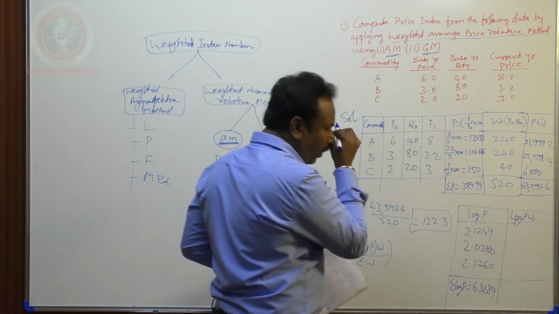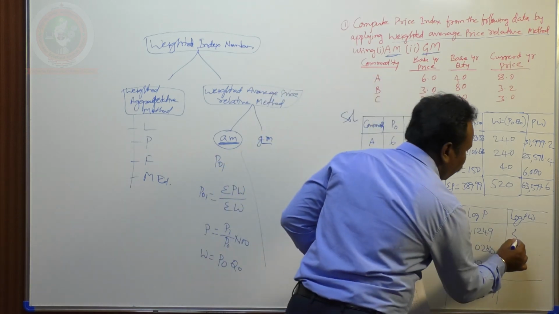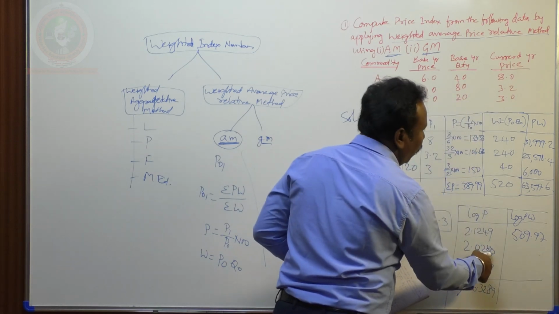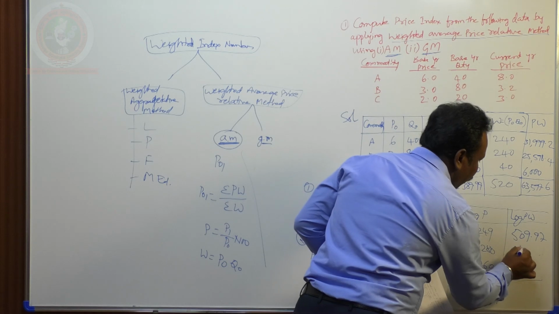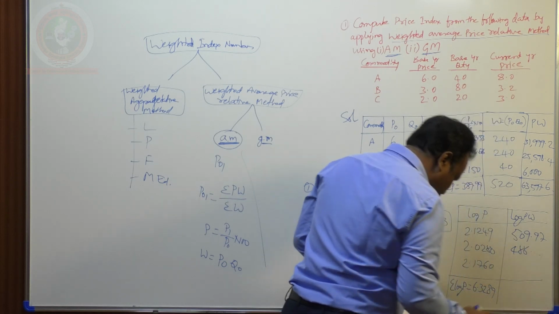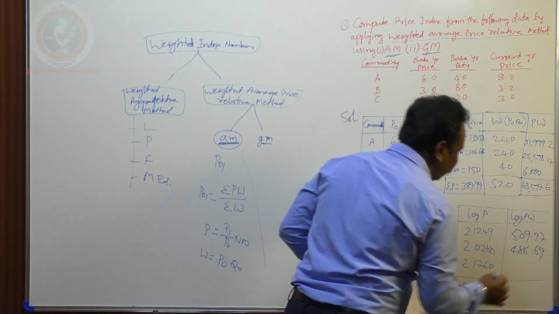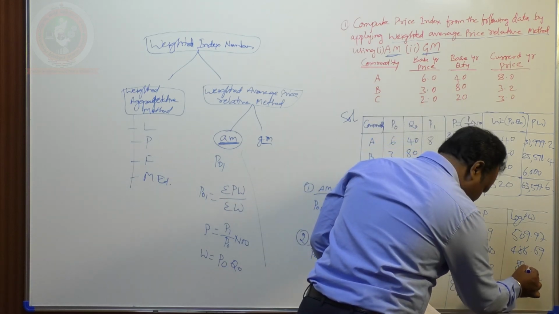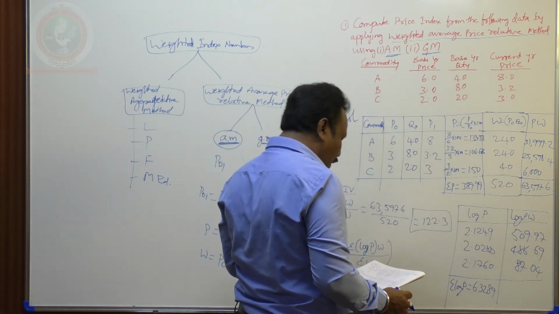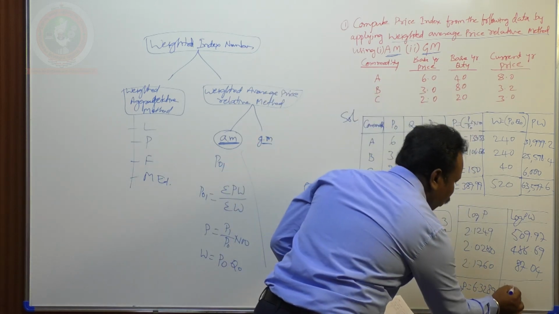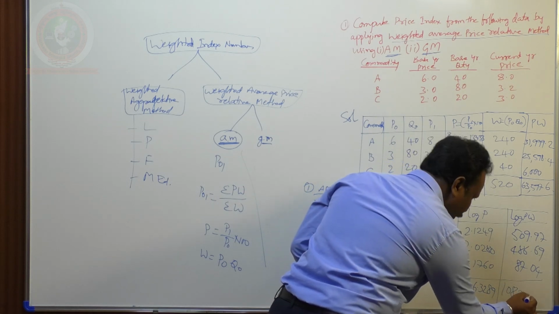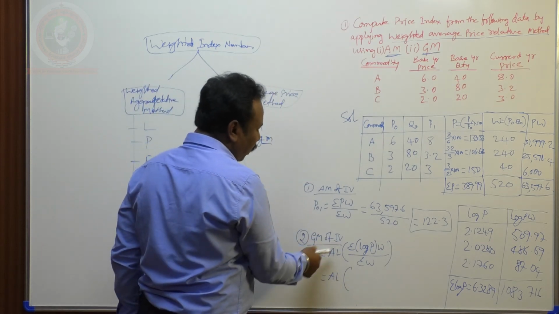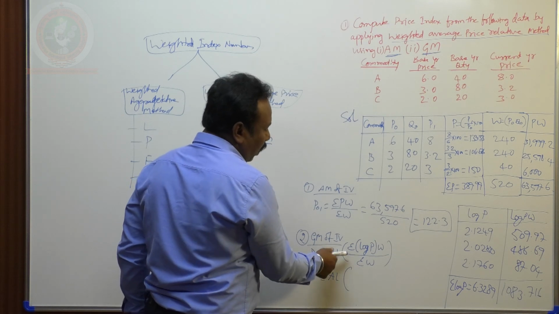So we get the log P W column: 509.97, then 2.028 into 240, that is 486.69, and 2.1760 into 40, so we get 87.104. So the summation of log P W is 1083.7716.